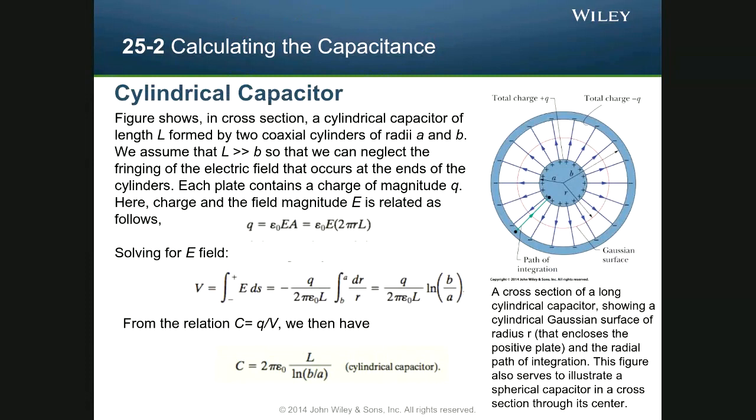All right, so now for a cylindrical capacitor, you'll notice that the same thing becomes a little more involved. So here we have Q equals, we have our Gauss's law, but now with A, we have to add in this term for a cylinder, right? And now, when we have E dot ds, for our cylindrical capacitor, we'll plug in our integral of dr over r.